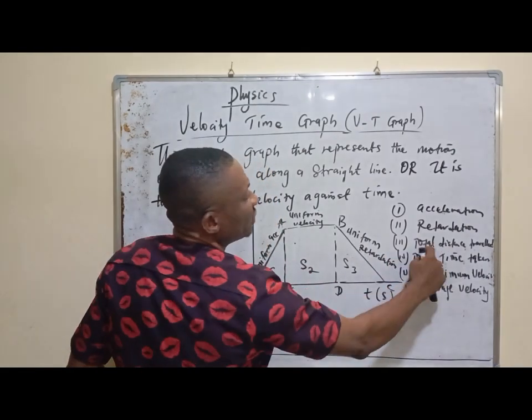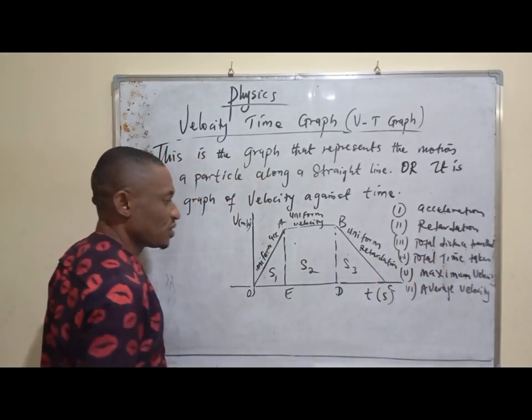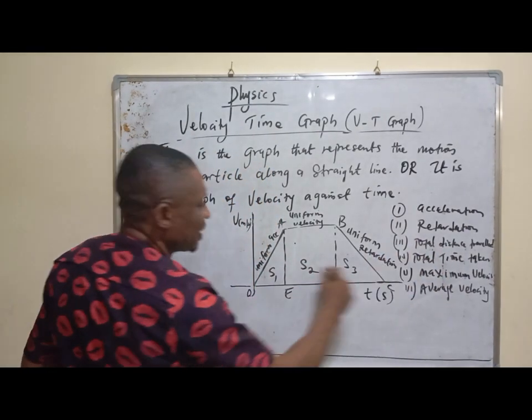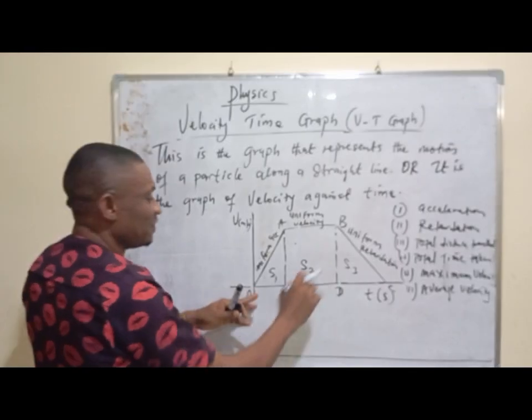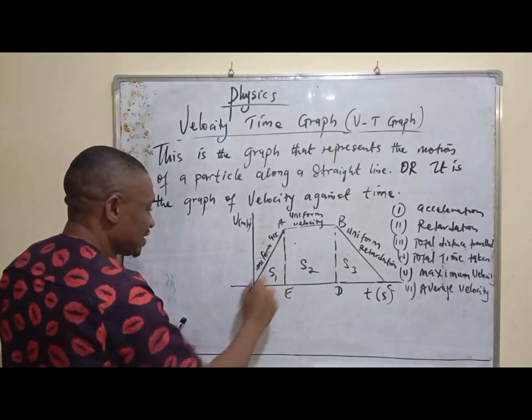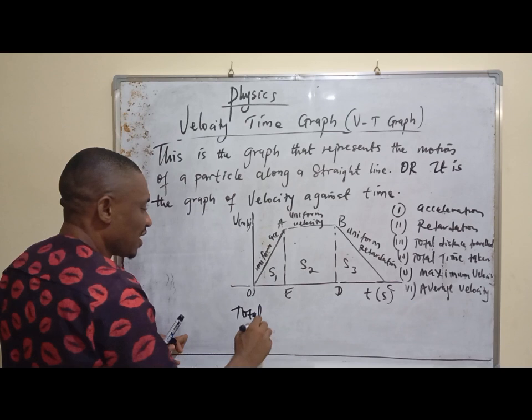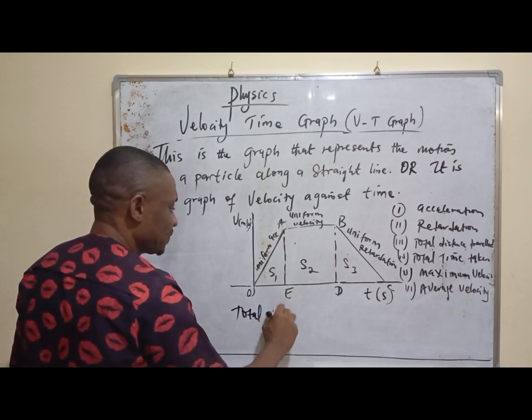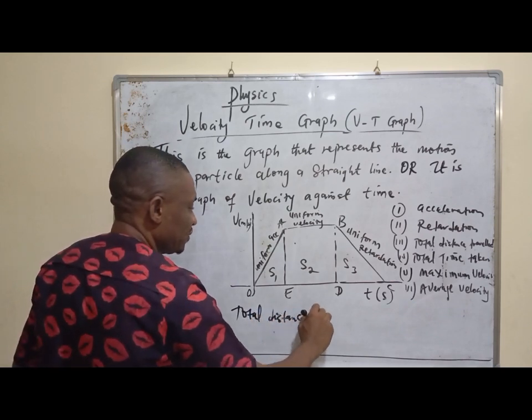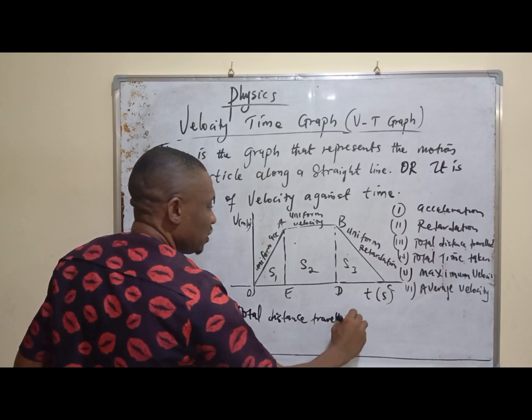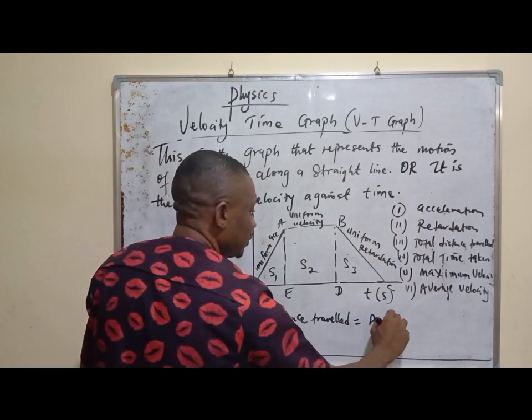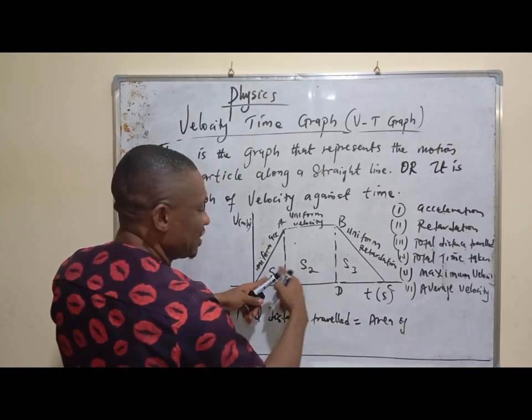Now let's say more on the total distance traveled. I said that total distance depends on the nature of the graph. For example, the formula for calculating total distance traveled here is not just the area of x1. You know this is a triangle.